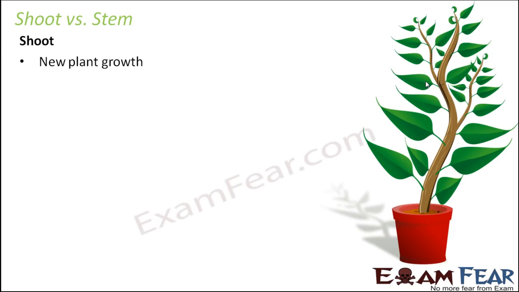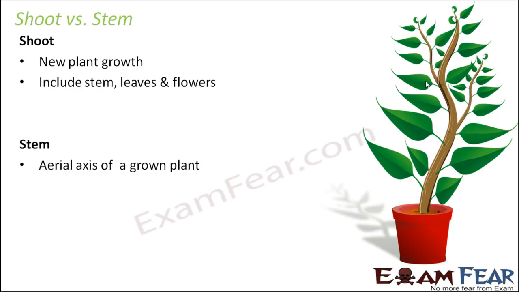So talking about shoot, it is nothing but a new plant growth. So suppose if you have a seed, and you germinate the seed, a small plant will grow, right? So that new plant growth that happens will consist of the shoot and the root. It includes stem, flowers, leaves. Whereas if I talk about stem, it is the aerial axis of a grown plant.